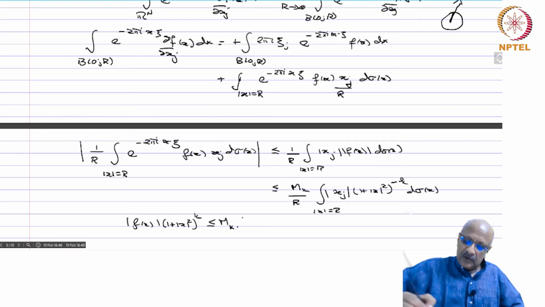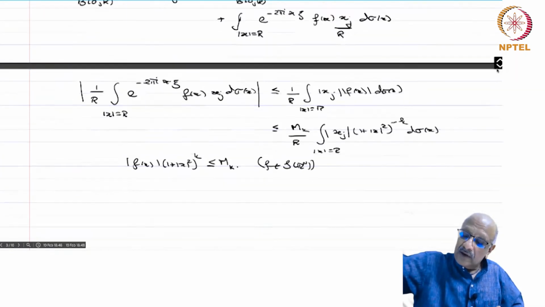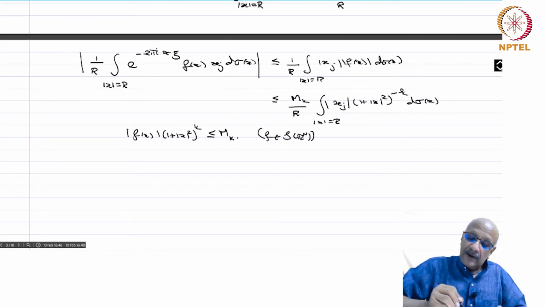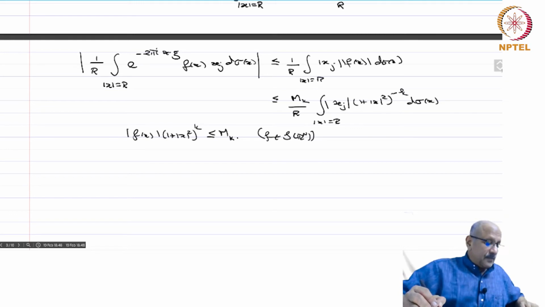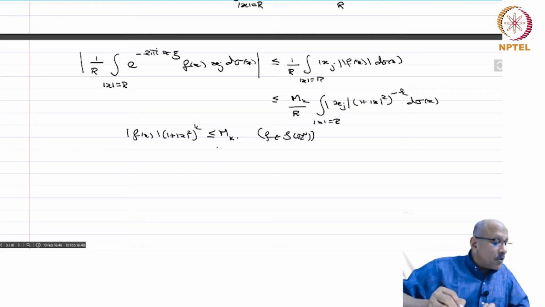This is the Schwartz space property since f is in S of Rn, and you can choose any k you like. So this constant Mk is independent. Now we can choose whatever we like, and therefore you have, but what do you know about Mk/r?